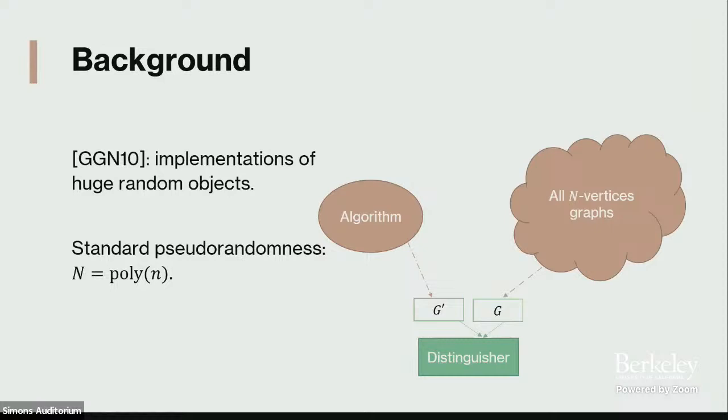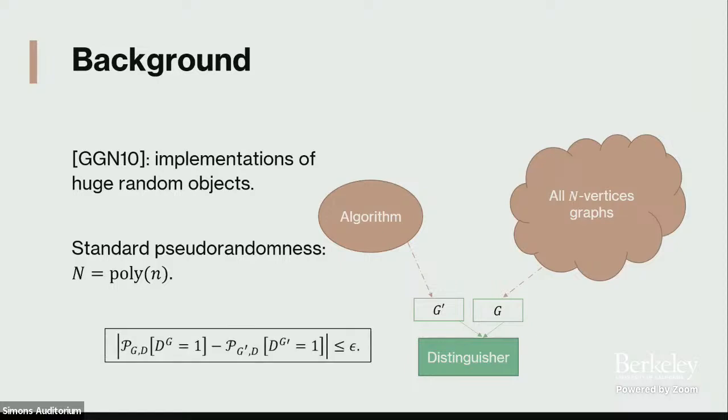What we mean by seeming random is, like in many previous works, that we have some class of distinguishers that get either G prime or G, not both together. What we want is that all distinguishers in the class act more or less the same, whether they get a real random graph or something generated by our algorithm. These might be polynomial algorithms, or might be less complex.